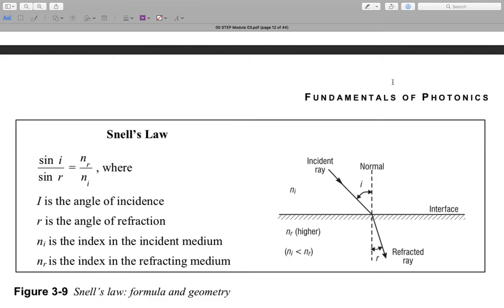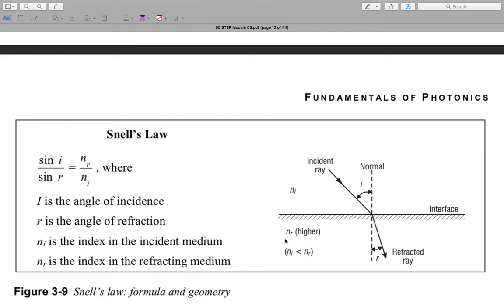This is about Snell's law. The ratio sin i divided by sin r equals n_r divided by n_i. This is the interface, this is medium 1 and this is medium 2. Medium 2 has a higher index than medium 1. This is the incident ray.